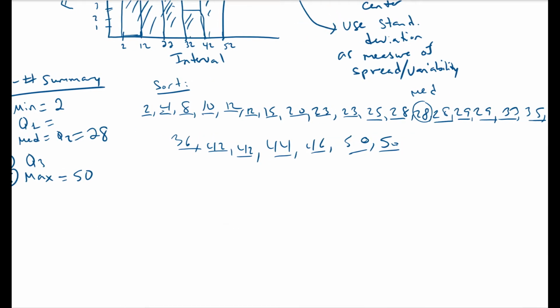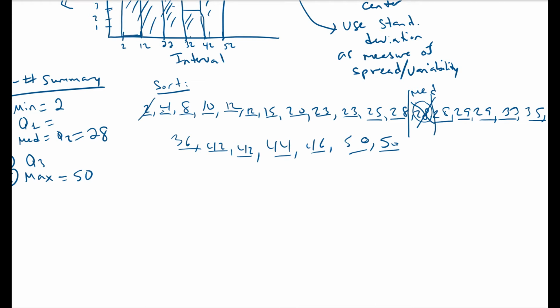Our first quartile. Since our median is 28, that's our middle number. That means we're going to be finding the median of this left half, and then finding the median of this right half.